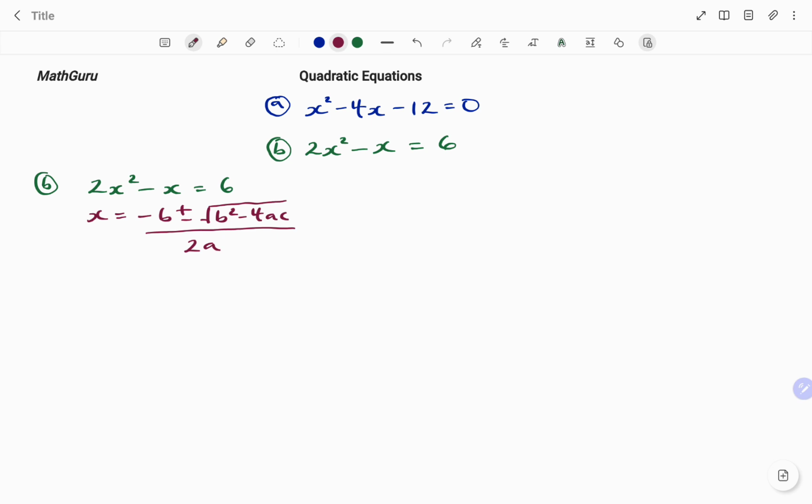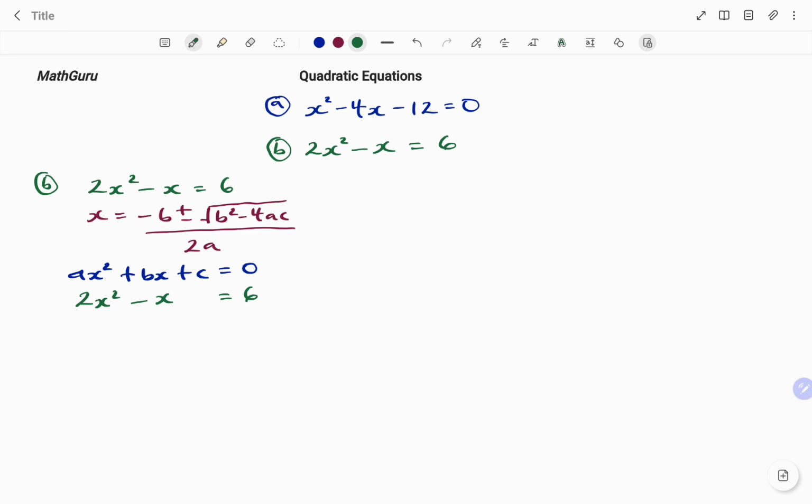So going back to the standard quadratic equation, I have ax squared plus bx plus c equals 0. I'm going to write the question under that. I have 2x squared minus x equals 6.